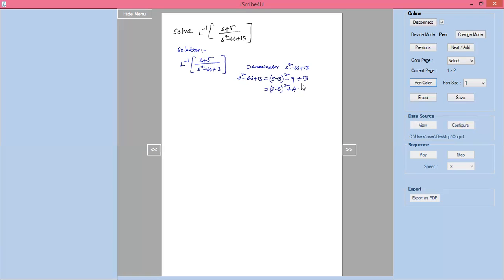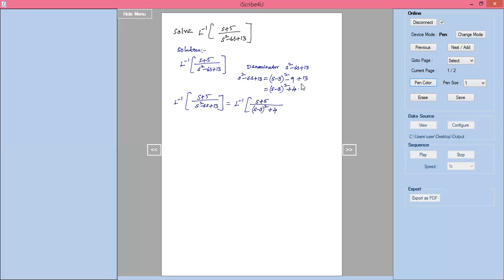So I will write L inverse of (s plus 5) divided by (s minus 3 whole square plus 4).